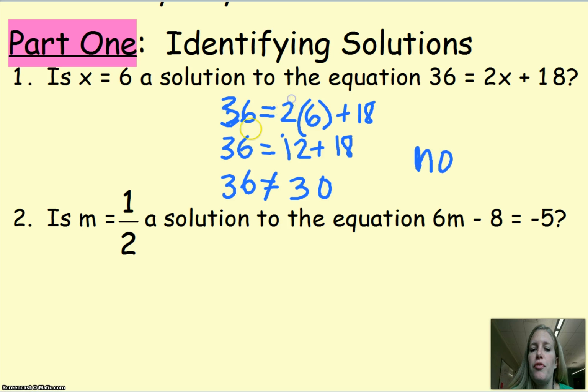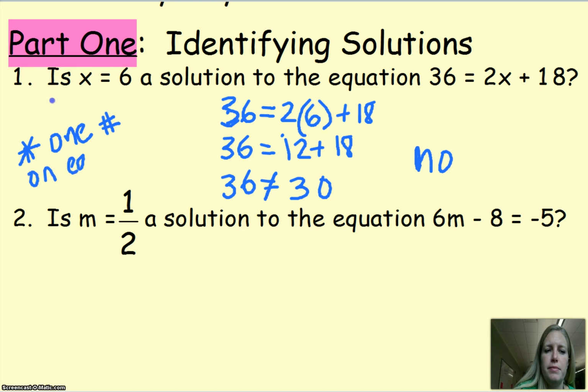But you do need to prove that. You need to show all your work. You need to get it down so there is only one number on each side of the equal sign.